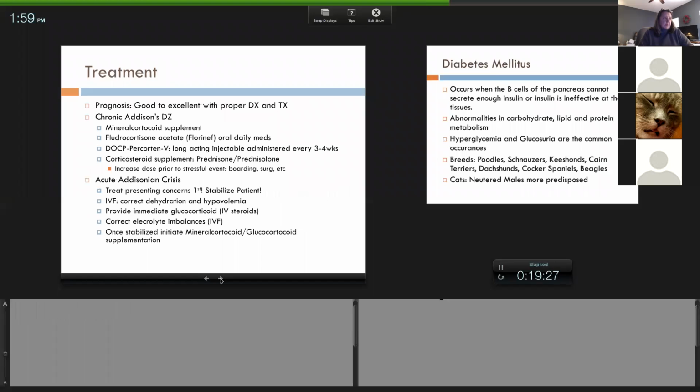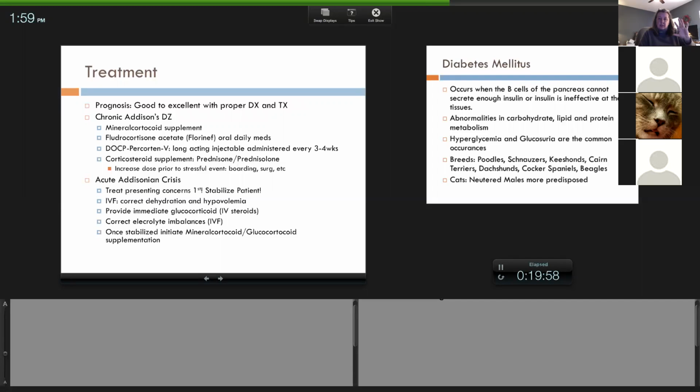To treat it, it can actually be pretty treatable. So let me look at the bottom here first, okay? Because I like to focus on if they're in a crisis, they've collapsed, they're weak, low blood pressure, you have to treat the presenting concerns. Stabilize the patient, establish fluids, rehydrate, reestablish blood pressure, normalize heart rate, normalize perfusion.